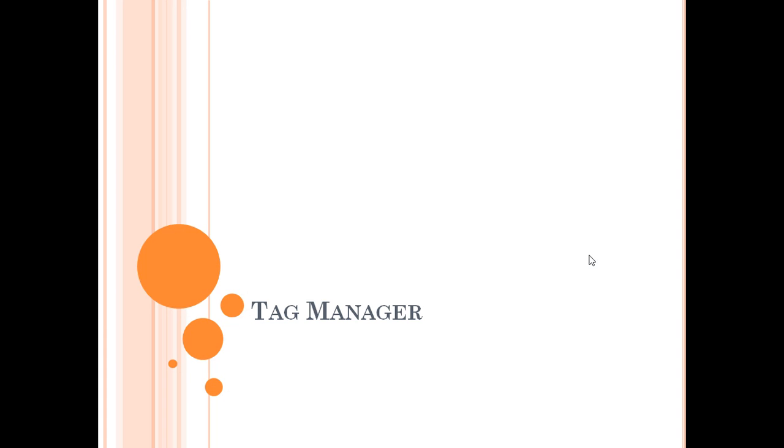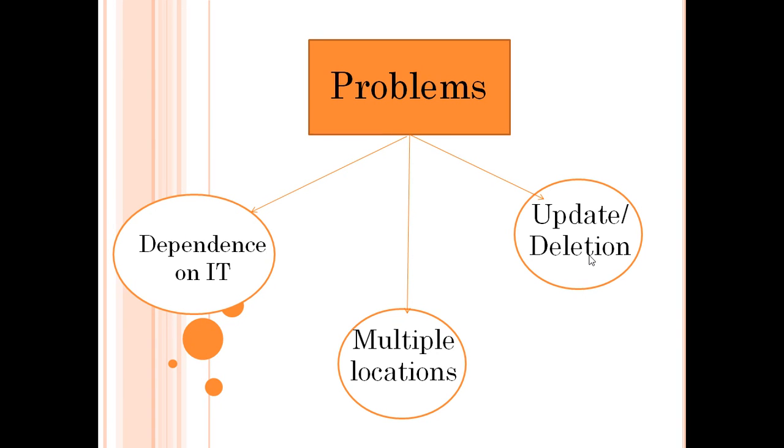The first problem was dependence on IT. So it requires a first time installation of the tag manager's code in your site. It only needs a one time installation on every page. So it is comparatively less time consuming than it was initially. And the analytics and marketing departments handle all the implementation of the code or tag.